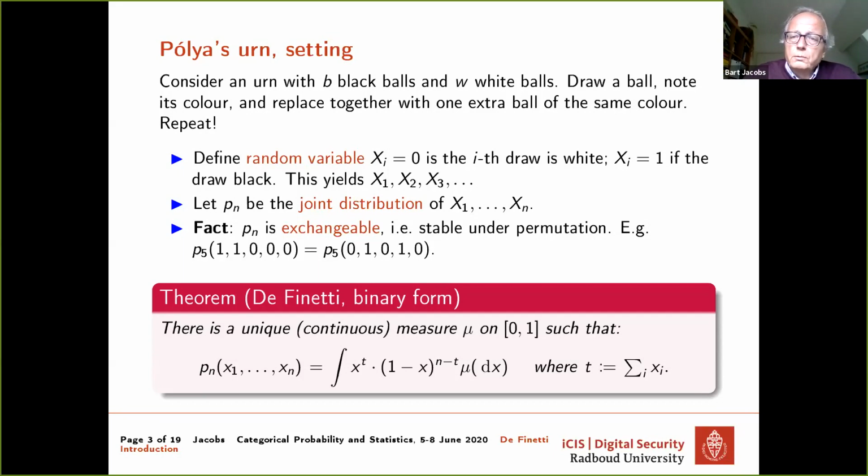We use here the powers x to the power t, where t is the sum of these variables x_i. So it's the total number of black balls that was drawn. So the actual order doesn't matter, but the total numbers matter. And this is important, and is already pointing at the existence of a multiset in here.